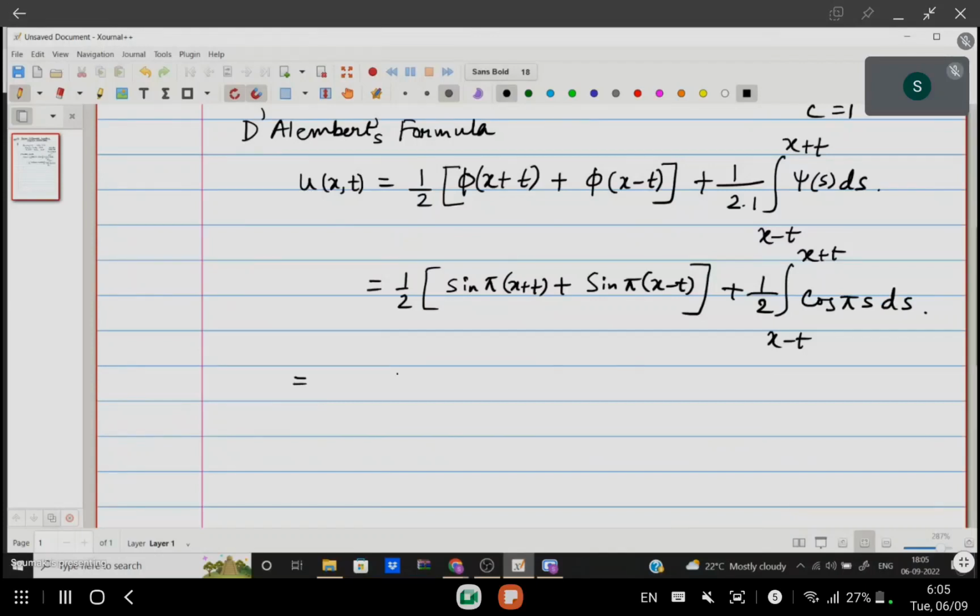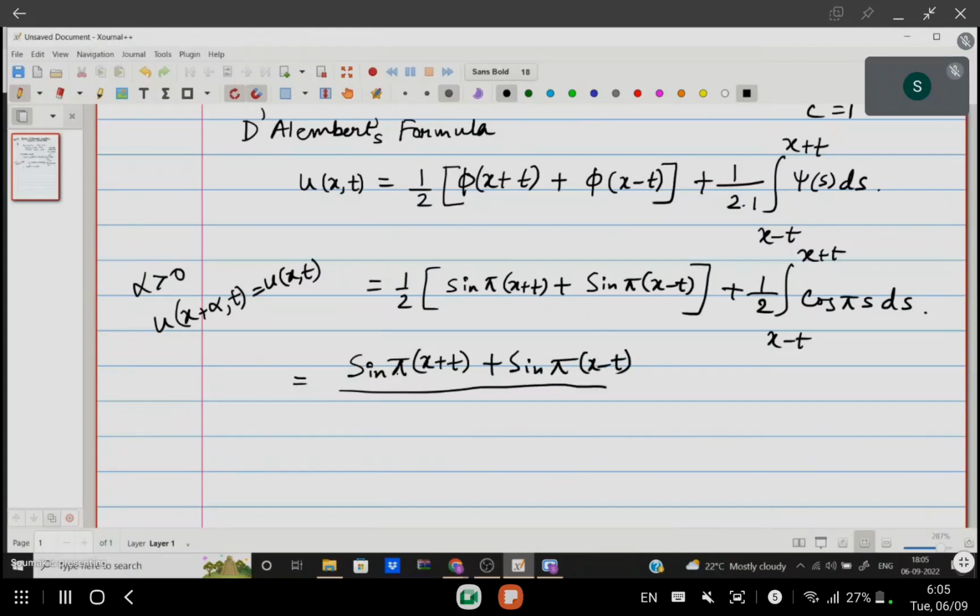I'll write the first part the same way, not expanding it in terms of sin(x) plus sin(t), because I have to check when u(x plus alpha, t) equals u(x,t) for which positive number alpha.